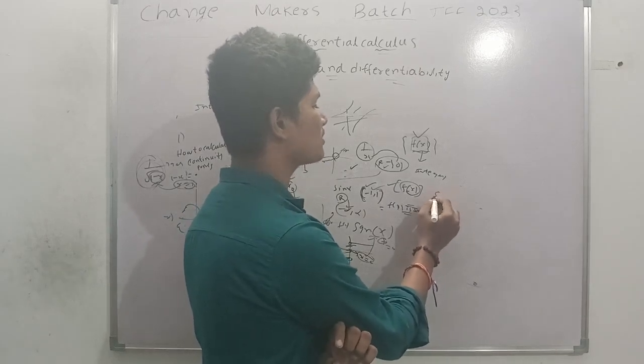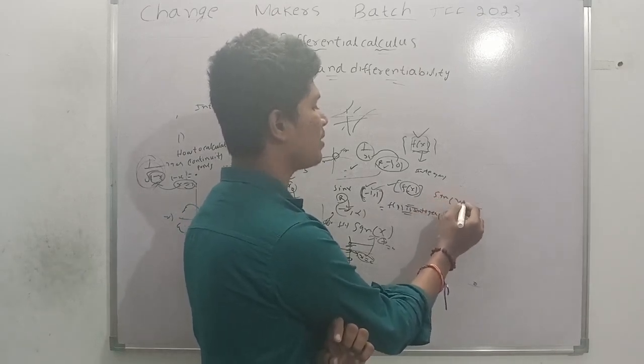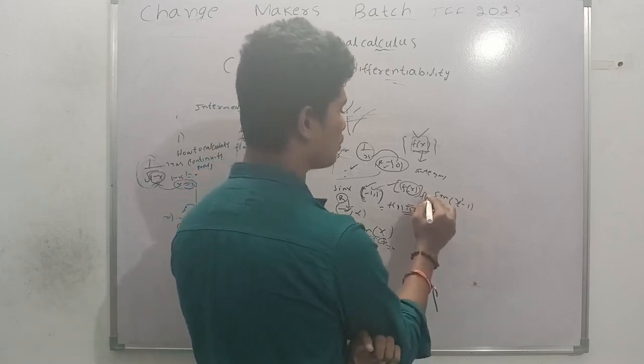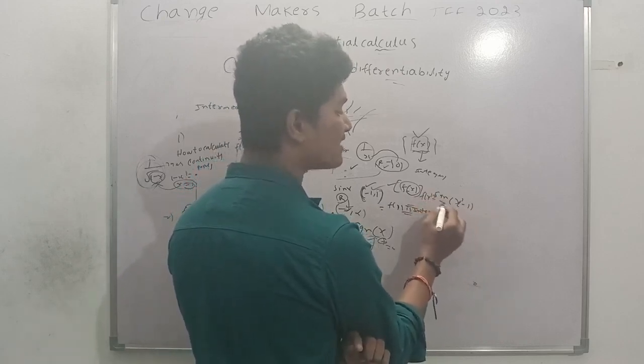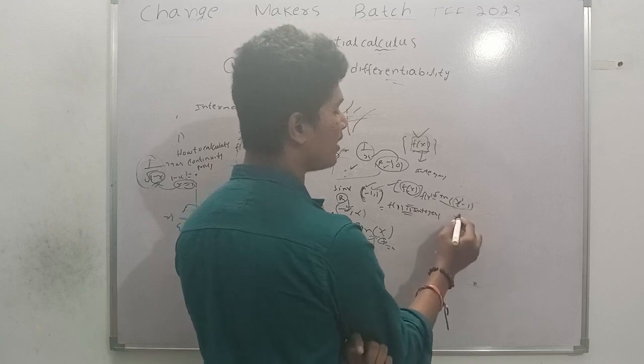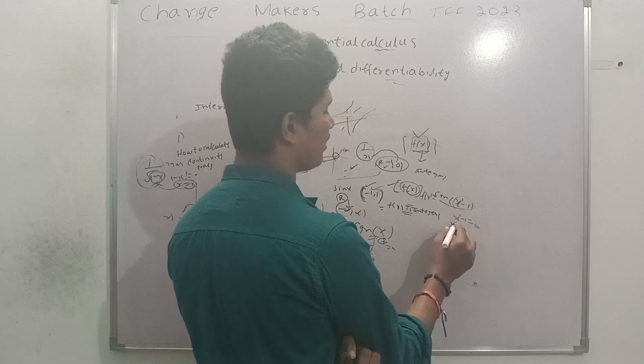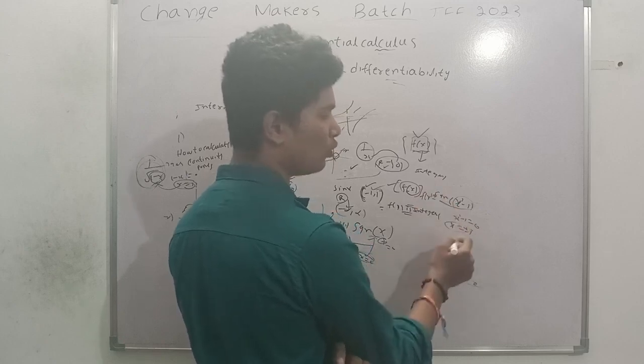So you can say at what point signum is getting 0. Suppose we take signum of x square minus 1, if we assume this is a function, at what points is the signum getting 0? x square minus 1 equal to 0, x equal to plus or minus 1. Is it true? Yes.